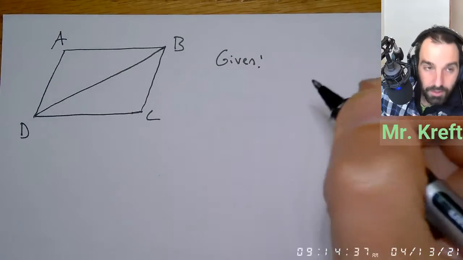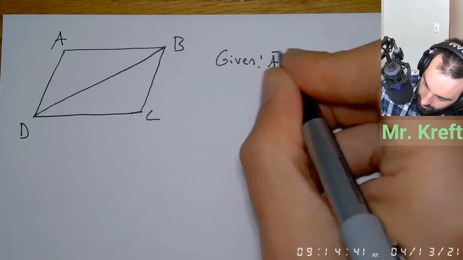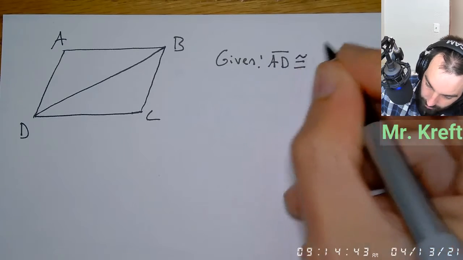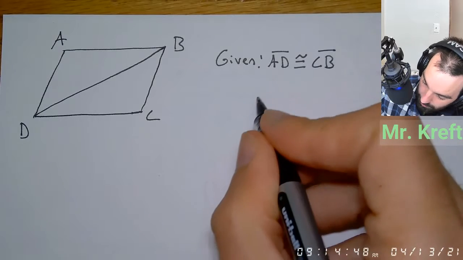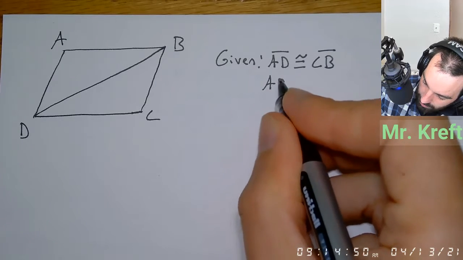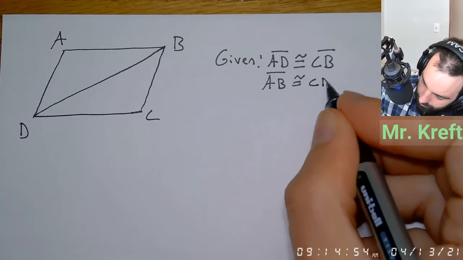It's like a pattern here. For our given, we're going to have segment AD is congruent to segment CB, and segment AB is congruent to segment CD.